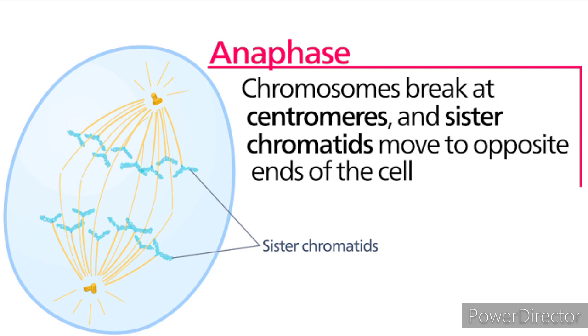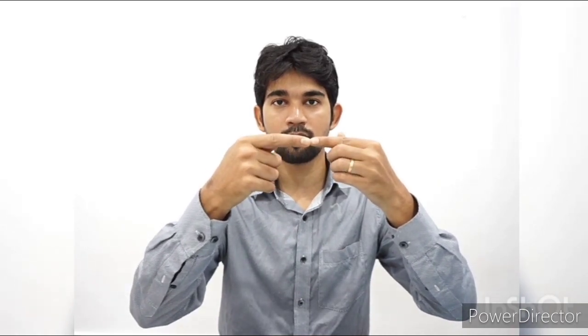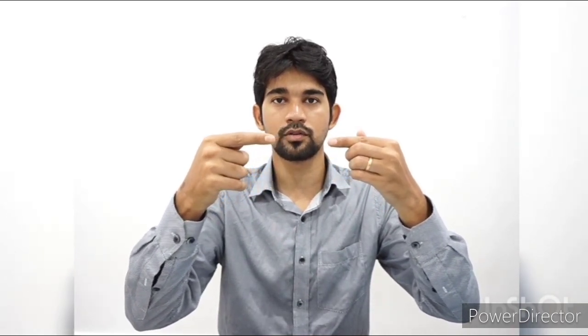And they start moving towards the opposite poles, and the movement perhaps is brought by the contraction of the spindle fibers. As they are attached with the centromere, the sister chromatids split, and their main motive is to reach the opposite poles, and by doing so the contraction of the spindle fibers forces them to move towards the opposite poles.